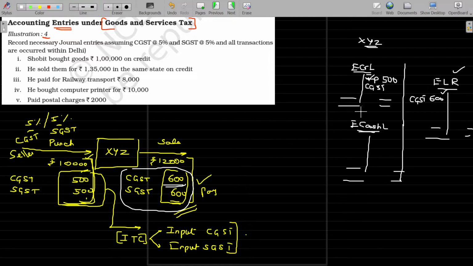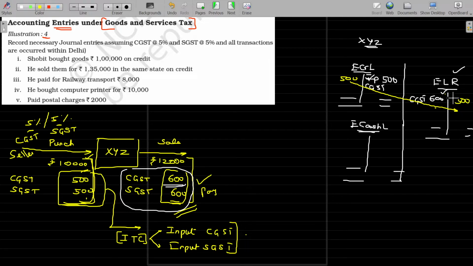Now, on the due date, you have to pay this 600 rupees. How can you make the payment? Through the electronic credit ledger, you can make the payment of this 600 rupees. Sir, I have to pay 600. No, already you have to return me 500 rupees. You are talking to the government. You have to return me 500 rupees. That 500 rupees is recorded here and adjusted here.